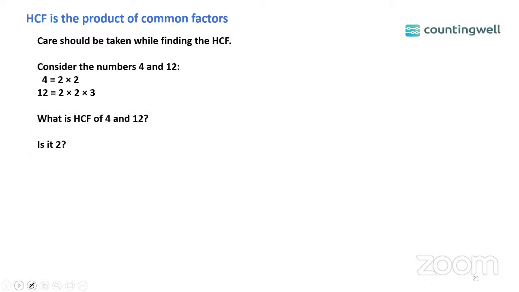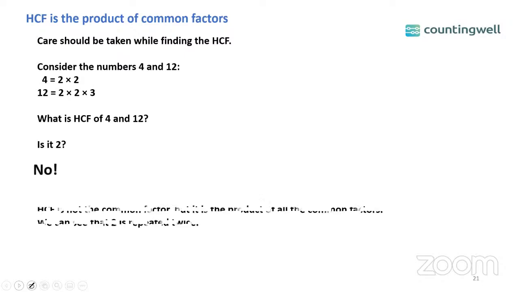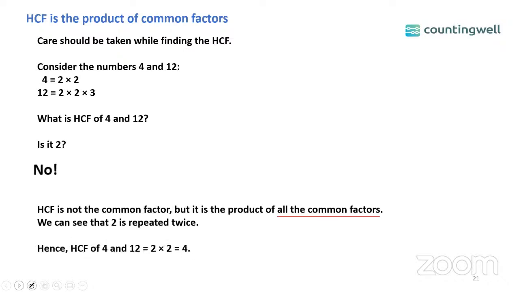If we see 2 as a common factor for both the numbers, can we write the HCF of 4 and 12 as 2? No. HCF is not just a common factor, but it is a product of all the common factors. We can see that 2 is repeated twice. So we have 2 into 2 as the HCF of 4 and 12, which is 4.